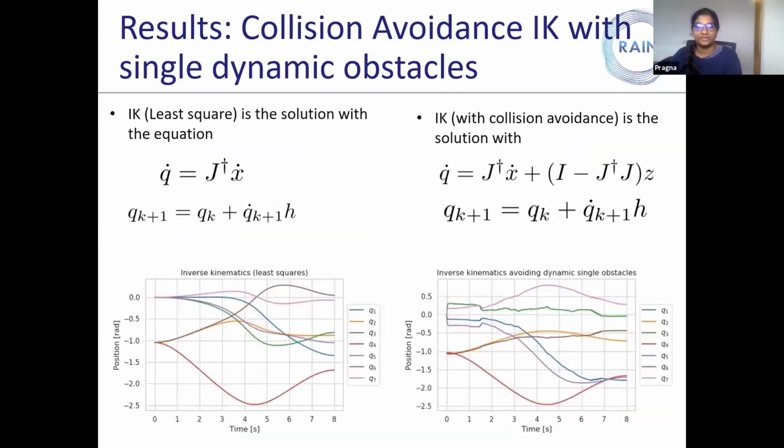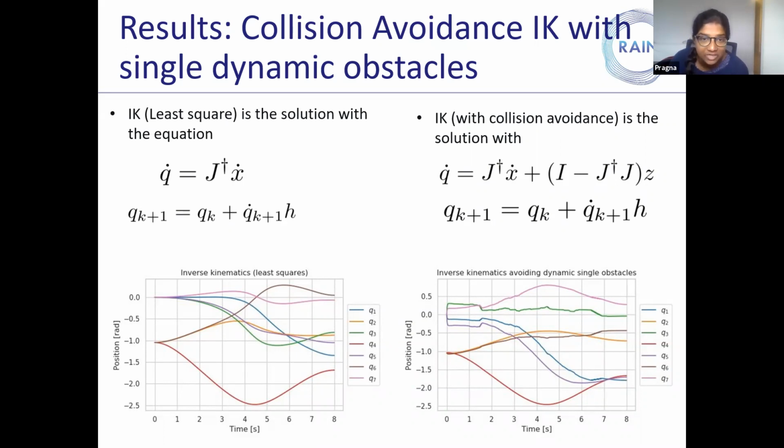So here we get the result of the IK. IK least square is the baseline solution where there is no obstacle. IK with collision avoidance is the solution where we have the Z, which is the gradient of the cost of collision with respect to the input angles. This Z actually drives the IK away from the obstacle.